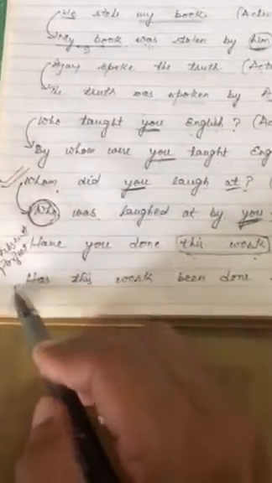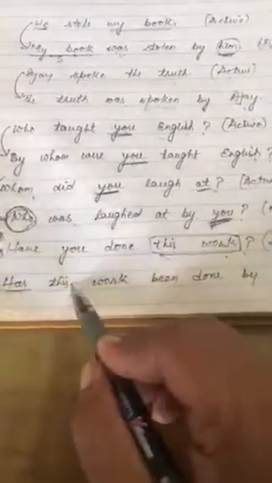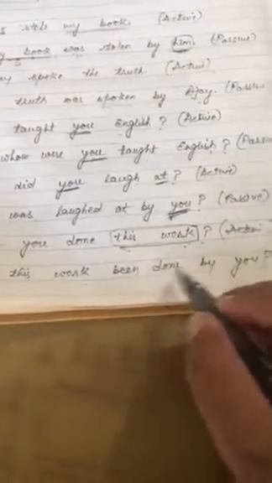So let's see, this is the last example of how we have to make the passive voice. Now find out the object in this sentence. Object is this work. So what do we have to use? We have to use the first helping verb. The helping verb of this tense is has. So, has this work been done by you? Again I am explaining it.